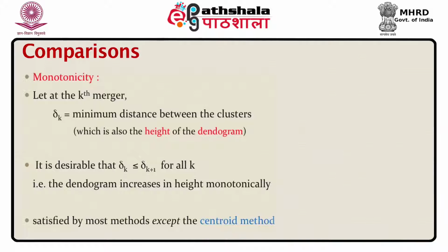So we can have a dendrogram which at some stage might come down a little bit at a higher level. Now, this is not very desirable, but it can happen if you have outliers in the clusters, and when you center them, when the outliers move to the combined cluster, it might bring down the height of the dendrogram. So we should prefer to have monotonicity in a cluster.